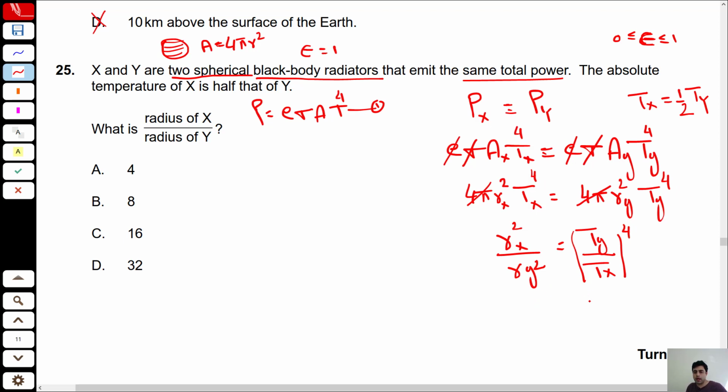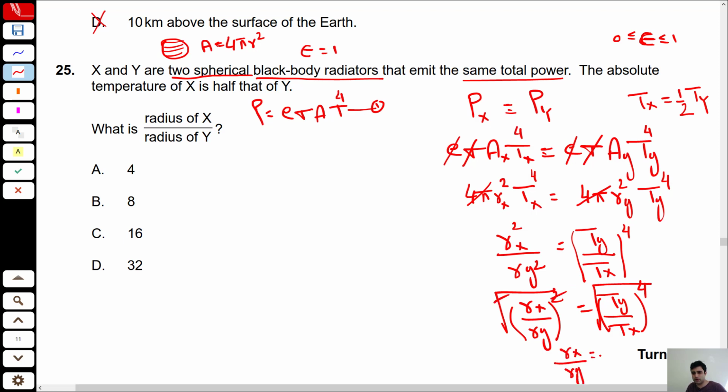And then you can also further write it like this. Take the square common out, temperature of Y over temperature of X to the power of 4. To get rid of this square, take the square root on both sides. This and this cancel out. So we have R of X over R of Y equals, as you can see, we have 4.